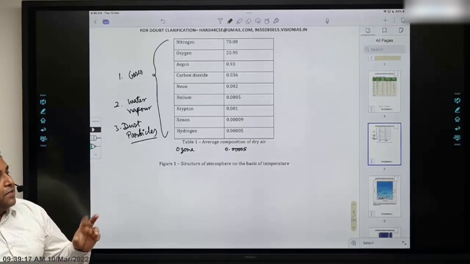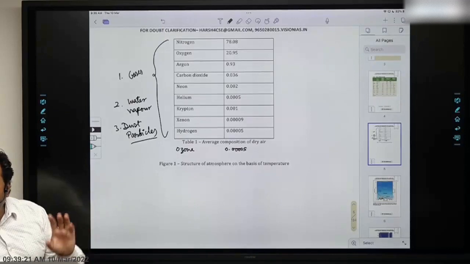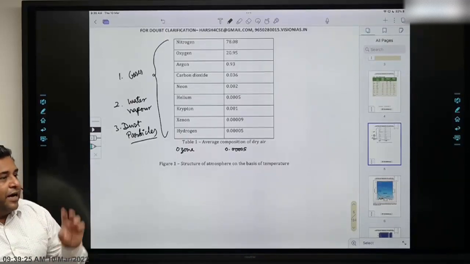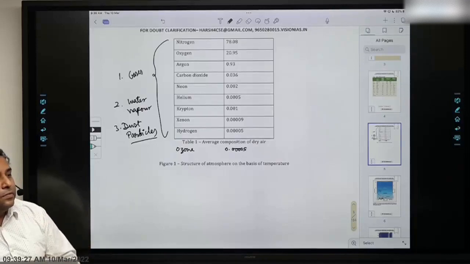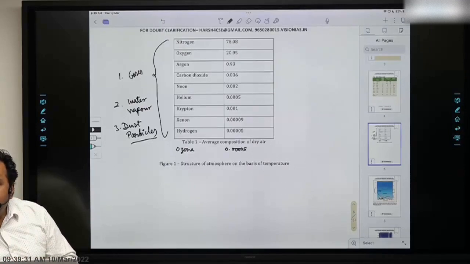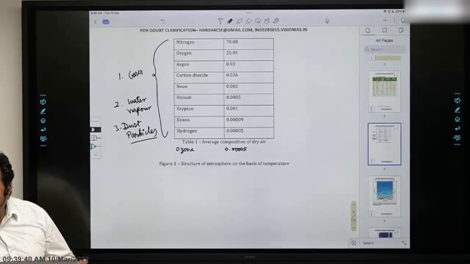So dust particles are also of two types, water attracting and water repelling. तो water attracting को क्या बोलेंगे? Hygroscopic. और water repelling को hygrophobic. We use the word hygro, not hydro, right? Hygrophobic. So there are two types of particles, hygrophobic and hygroscopic.